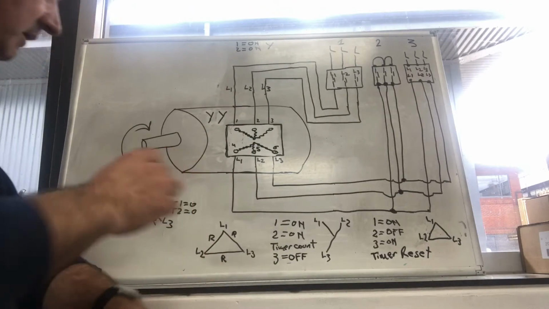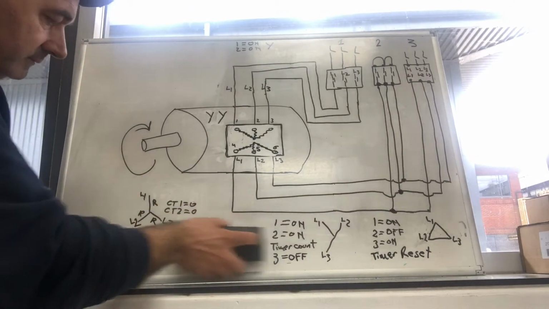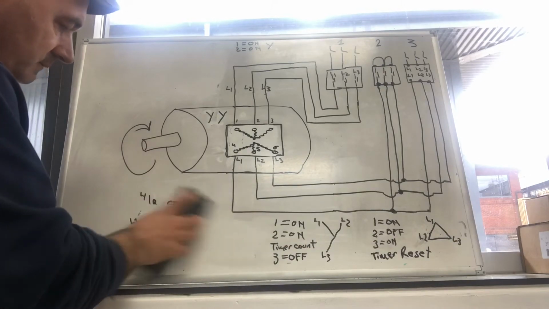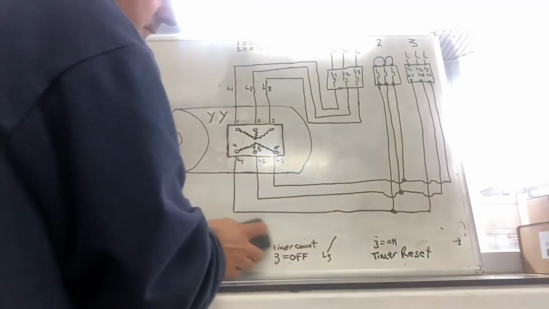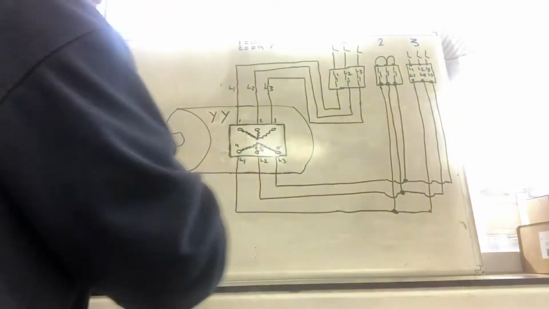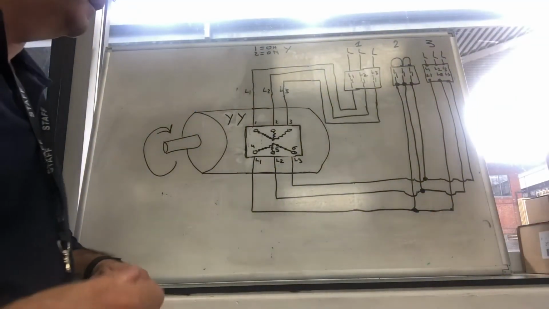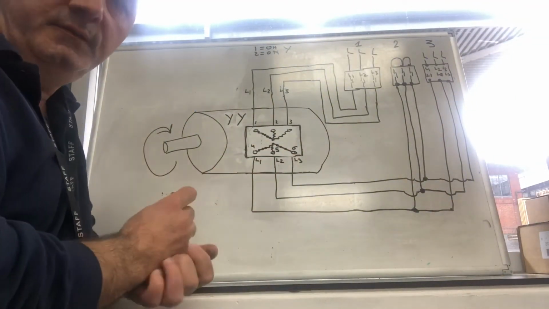Because I'm not switching on a star delta anymore, so we don't need this. This is gone. I have two individual windings.